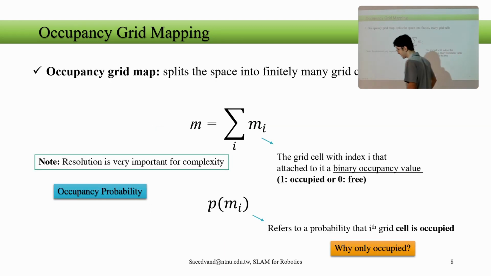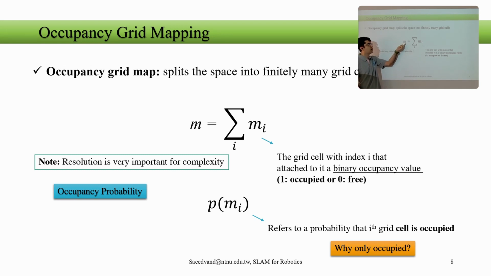Now let's gradually start to dive in how we can bring math insight in order to solve this problem. It will be a little bit complex in the middle, but I will try to break it down as much as possible. As we already discussed, we can show the occupancy grid mapping like this.